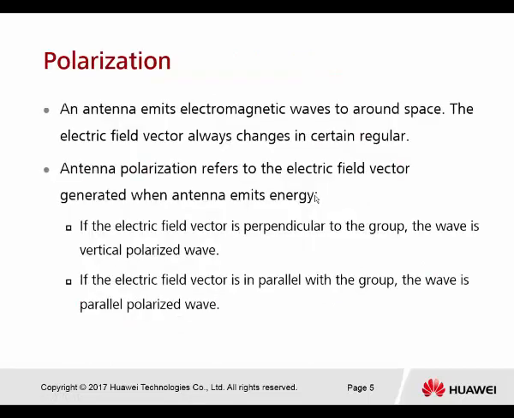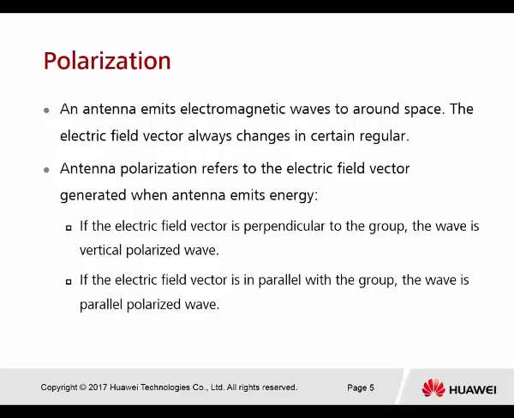So polarization. The antenna emits the electromagnetic wave to the surrounding space. The electric field vector always changes in a certain regular pattern. Okay, this is for the electric field. Antenna polarization refers to the direction of the electric field vector generated when the antenna emits energy.